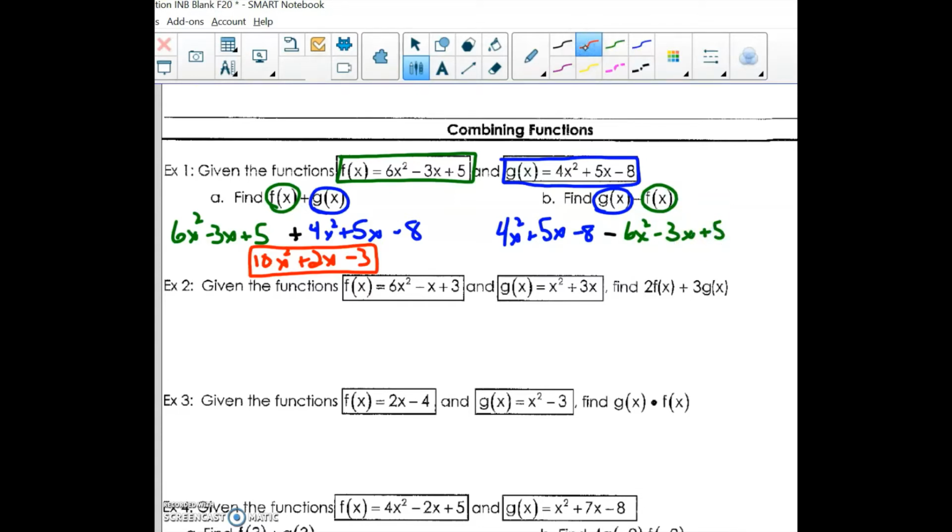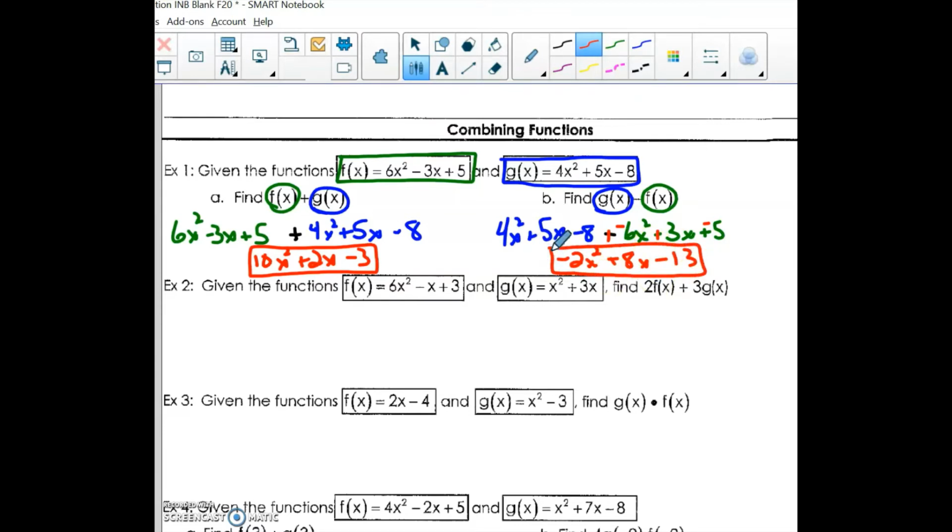But since this is a subtraction problem, the signs change behind it. And now again, we combine like terms. So we are at negative 2x squared plus 8x minus 13.